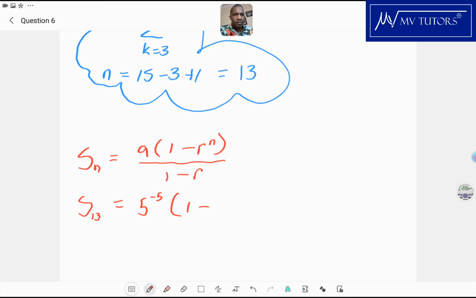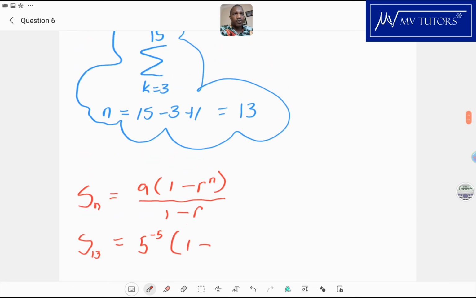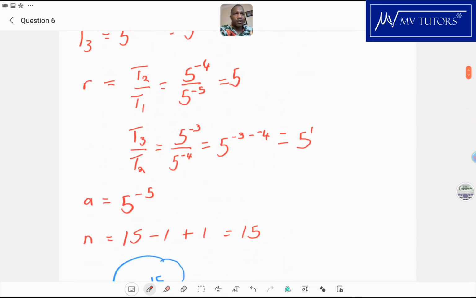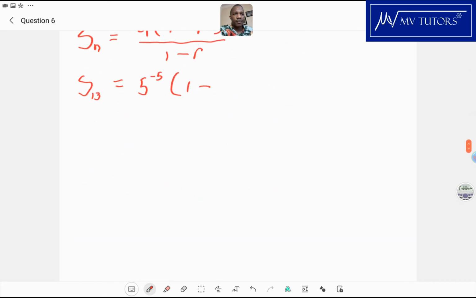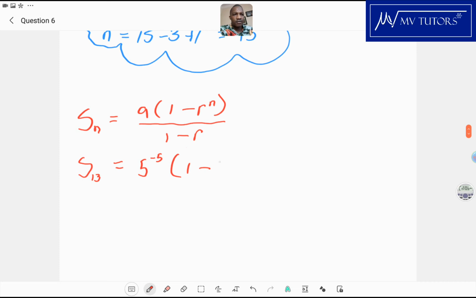We have 1 minus R. We solved R to be, remember we solved R here, we solved it to be 5. So our R is 5, our N is 13, close the brackets, divided by 1 minus our R is 5.